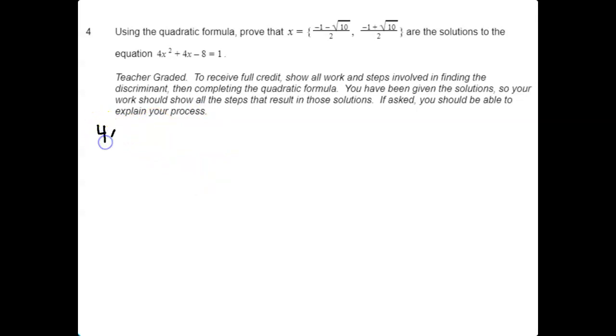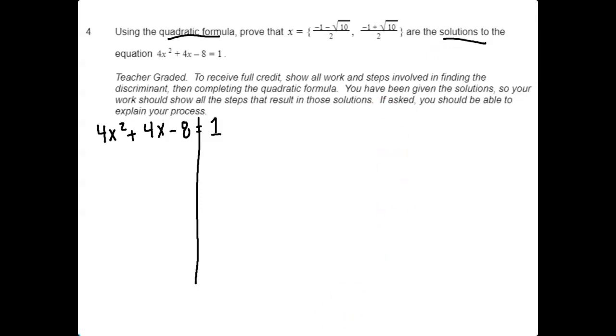So we have 4x squared plus 4x minus 8 is equal to 1. All right, so we're going to use the quadratic formula. Even though this is the quadratic formula, I still need to make sure that we are in standard form.